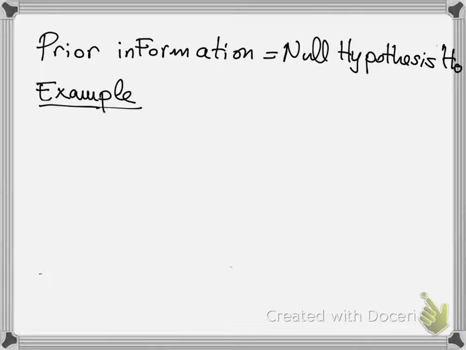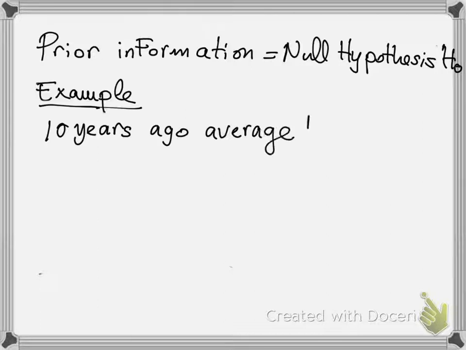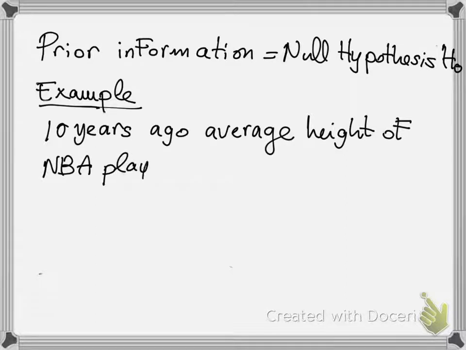So for example, let's say 10 years ago, the average height of NBA players is, I don't know, let's say 6 feet 5 inches. So in this case, the prior information, or the null hypothesis H0, is that the average height, mu 0, is equal to 6 feet 5 inches.